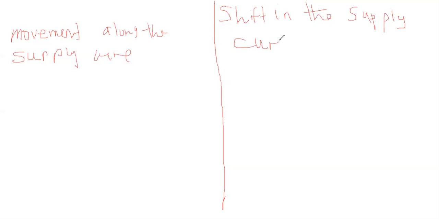We need to distinguish these two things. They are totally different terminologies or concepts. Movement along the supply curve is caused solely by what?